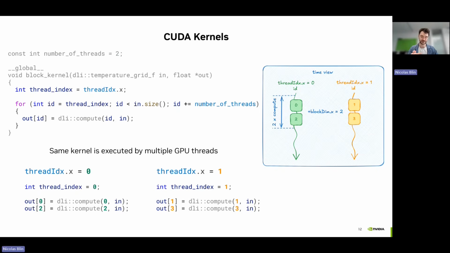That means the first thread will work on cell 0, and the second thread will work on cell 1. After finishing one cell, we move ahead by adding the total number of threads to the cell index. This way, the first thread takes cell 2 next, while the second thread moves to cell 3, and so on.